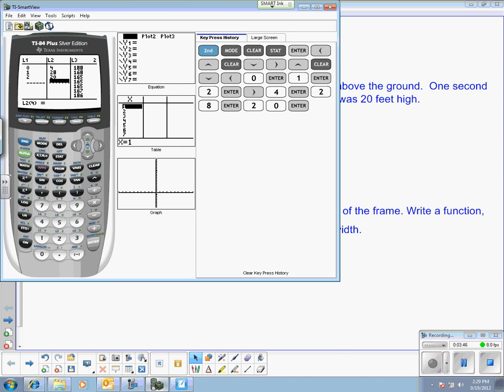And remember, the quick way to do this is go back to stat, go over to calc, quadratic regression, 5. And you don't even have to hit L1, L2. It's programmed to do L1, L2. And here's my function. Negative 16x squared plus 40x plus 4. Negative 16, 40, and 4.